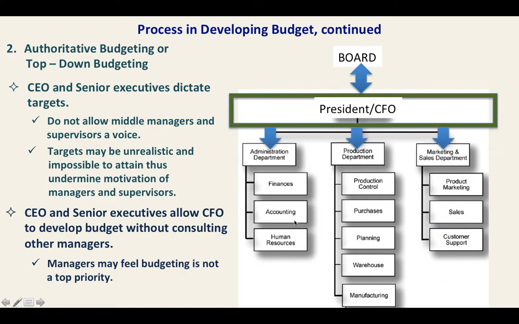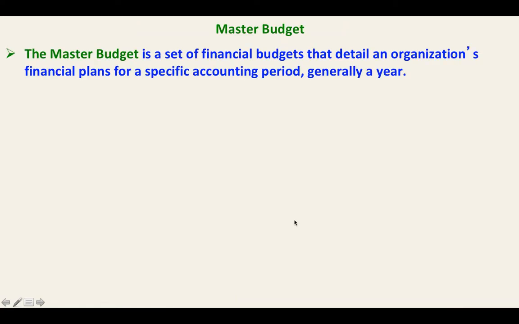Okay, class. Now let us discuss the master budget. The master budget is a set of financial budgets that detail an organization's financial plans for a specific accounting period, generally a year.